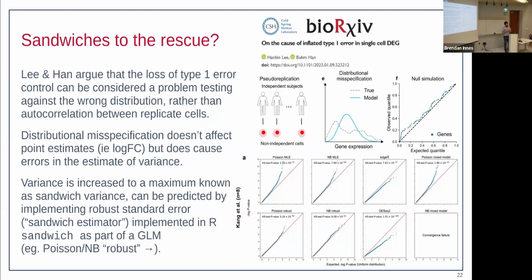But the logic is that within your cluster, or whatever you're doing your differential expression test on, it's not necessarily perfectly Poisson distributed, or whatever your general linear model assumes. And that can have effects on your estimates of variance.